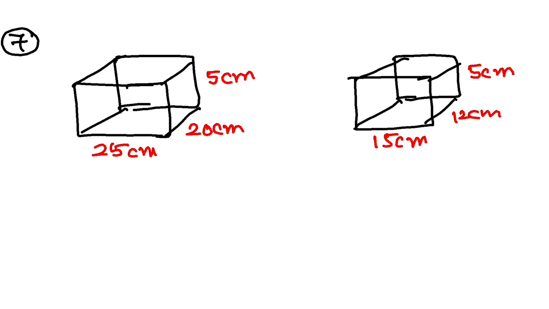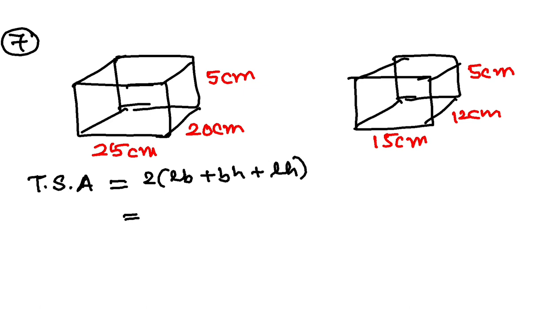Now what will be the TSA of the larger box? The TSA of this box is obviously 2 into (LB + BH + LH). All the measurements are given. You can calculate this and you will get 1450 centimeter square. Similarly, for this box also you can find the TSA.